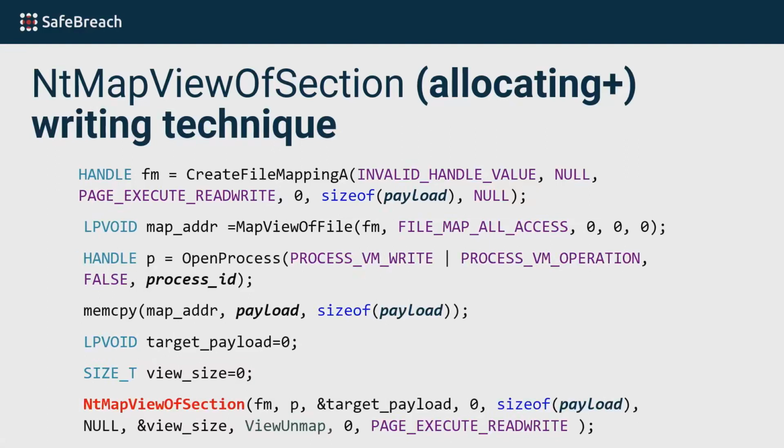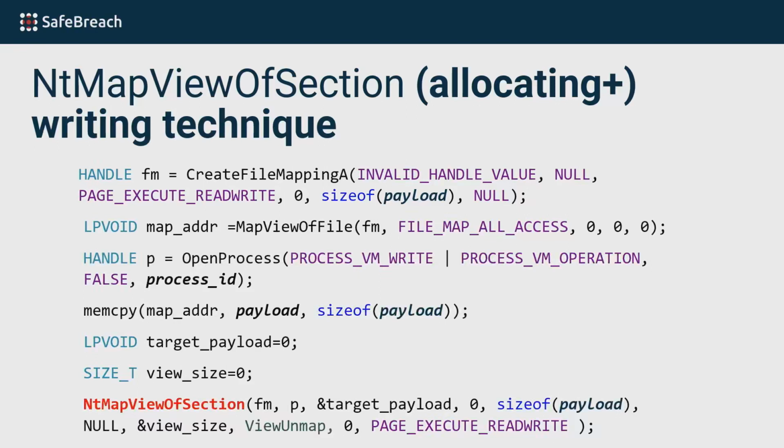Another interesting allocation plus writing technique, lumped together in this one, is forcing mapping of a section on the target process. In this case, we define a section in the malware.